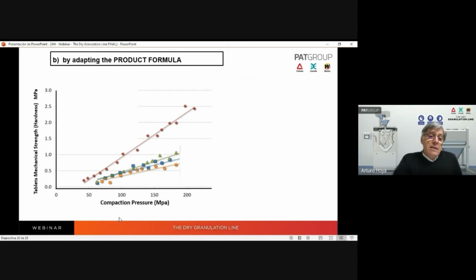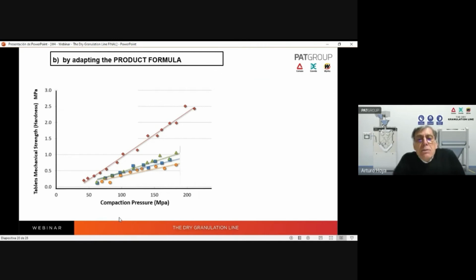He studied the relationship between the hardness of the tablet, or tablet mechanical strength, versus compaction pressure. This is a very similar graph to the one we saw in the previous slide.